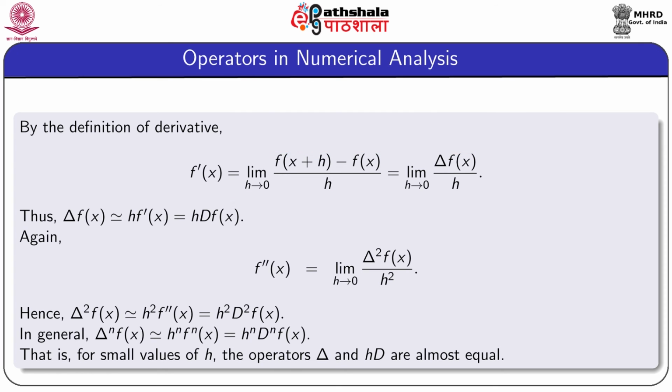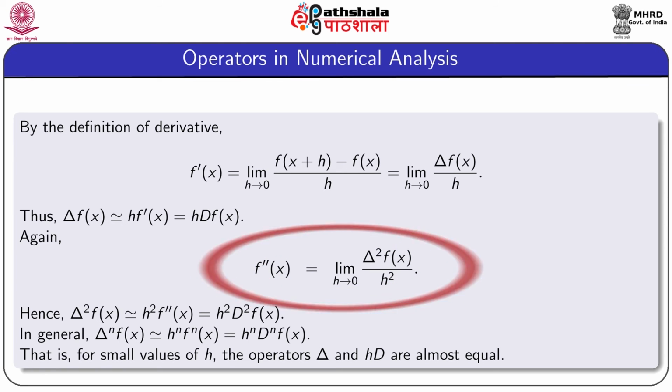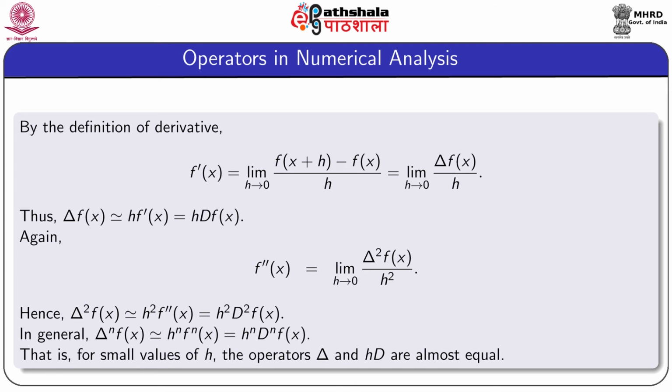That means, if we assume that h is very small, that is, h tends to 0, then delta f(x) is approximately equal to h into f'(x), equal to h D f(x). That means delta is equivalent to hD in case of small h. Similarly, for the second order derivative, f''(x) equals limit h tends to 0 of delta square f(x) by h square.